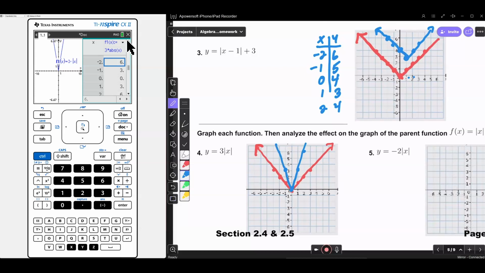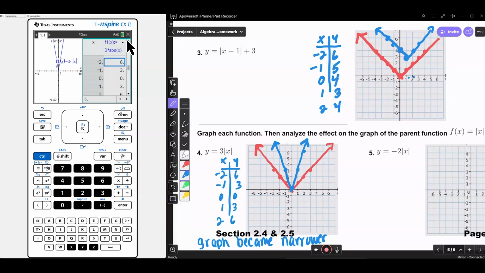So what do you notice about the function? And I'm going to go ahead and make a table. We have x and y. We have negative 2, 6, negative 1, 3, 0, 0, 1, 3, 2, 6. And you notice that the graph became narrower.